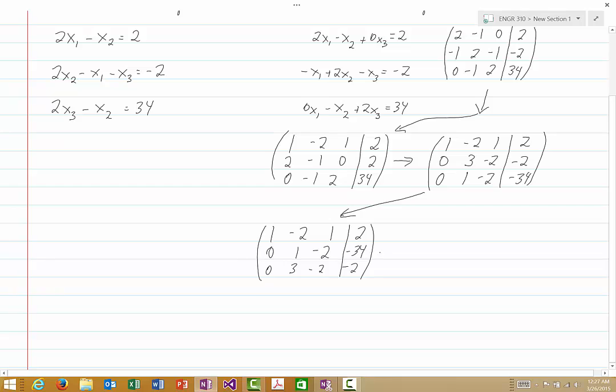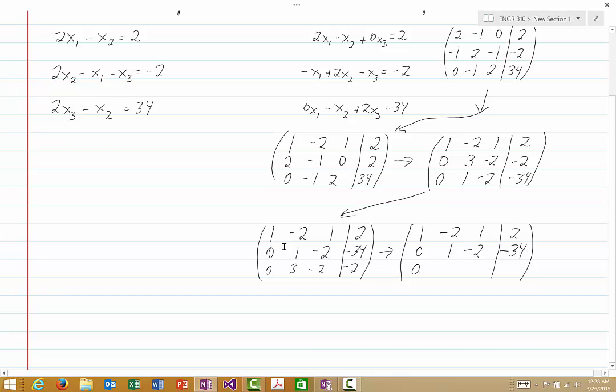Now I'll multiply the second row by -3 and add it to the final row. So I have 1, -2, 1, 2, 0, 1, -2, -34. When I multiply this 0 by -3, I get 0, and add to 0, I still get 0.